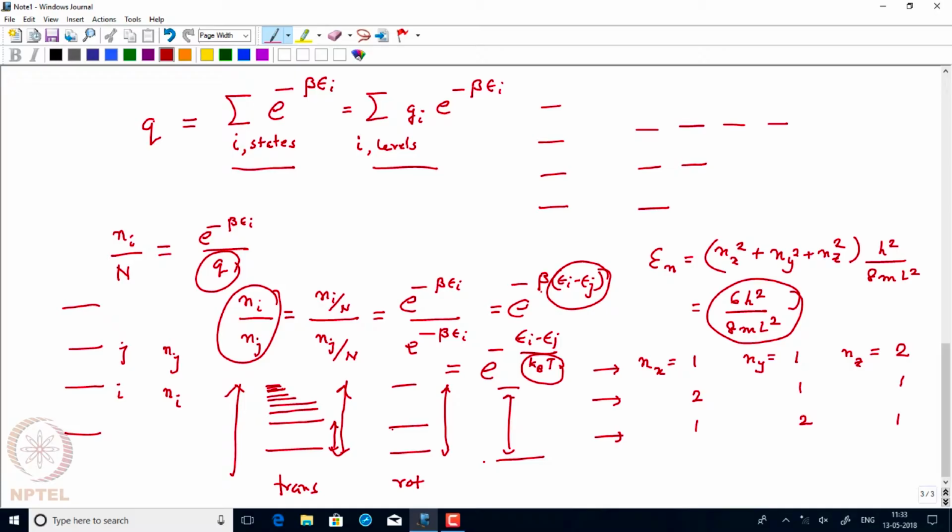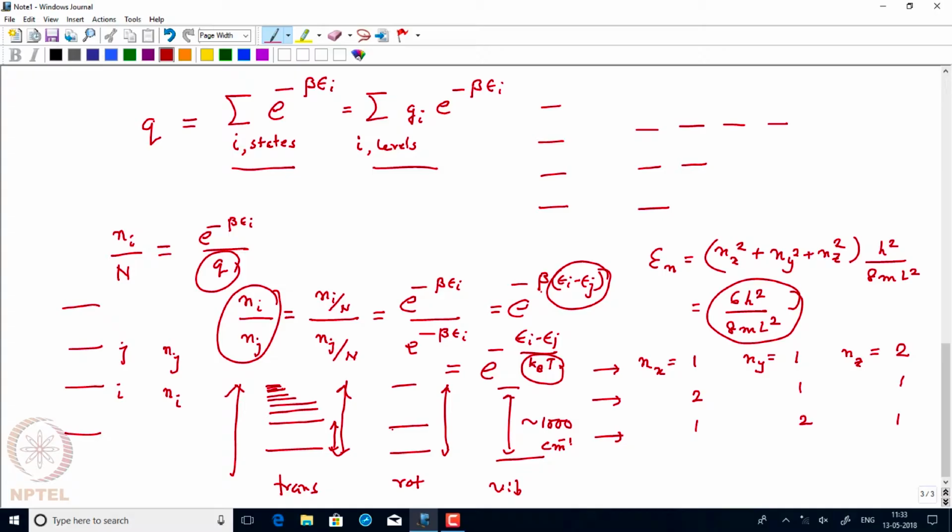Of course it depends on which vibration you are talking about, what the exact energy level difference is, whether it's a low frequency or high frequency vibration. But for any general calculation, if you take a 1000 wave number vibrational frequency, you can convert it into an energy scale in joules, and then you can calculate.